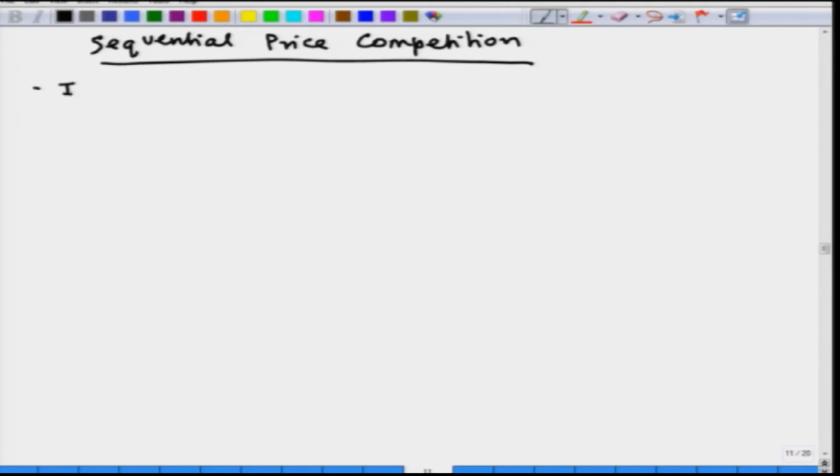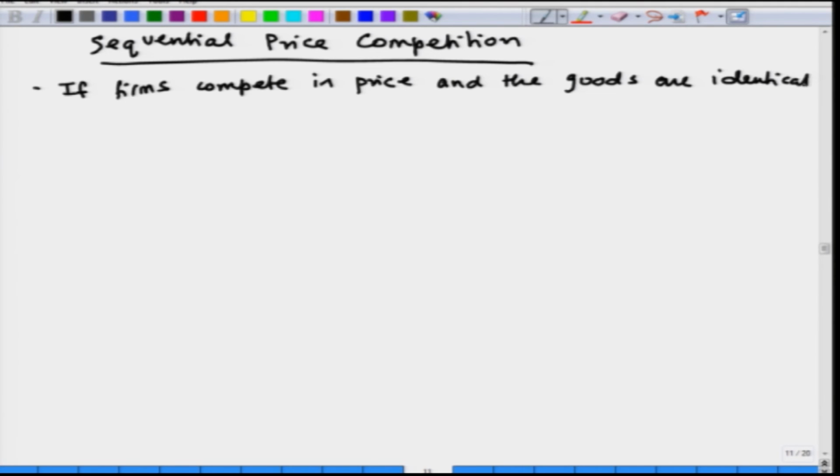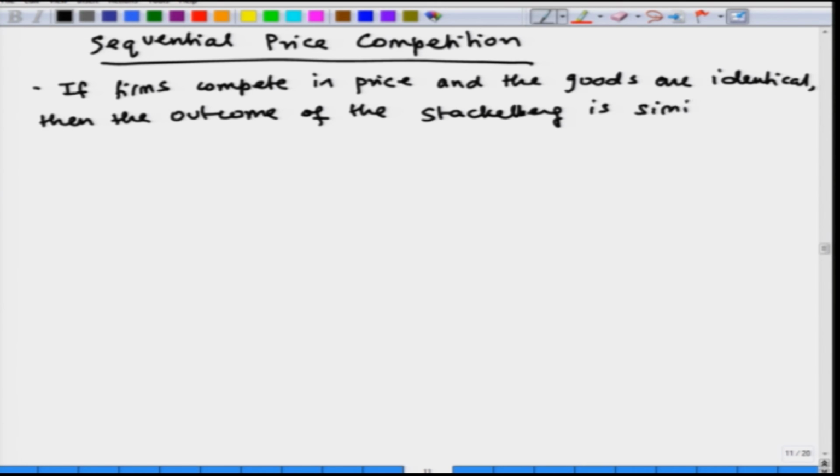So, if firms compete in price, and the goods are homogeneous and identical, then the outcome of the Stackelberg model, where firms are competing in prices, is similar to the Bertrand model of price competition.